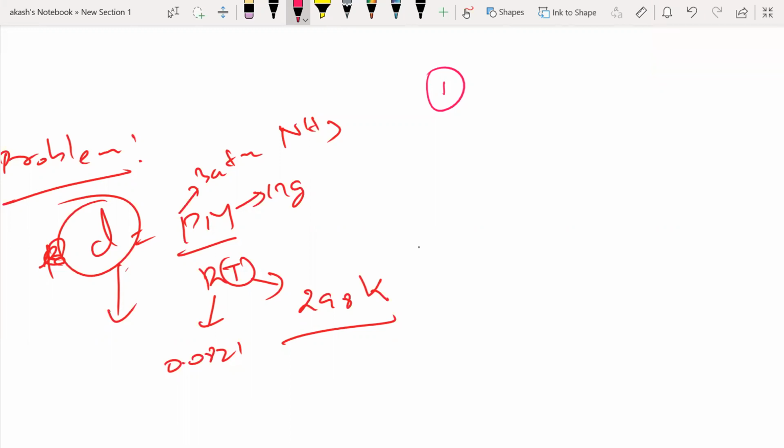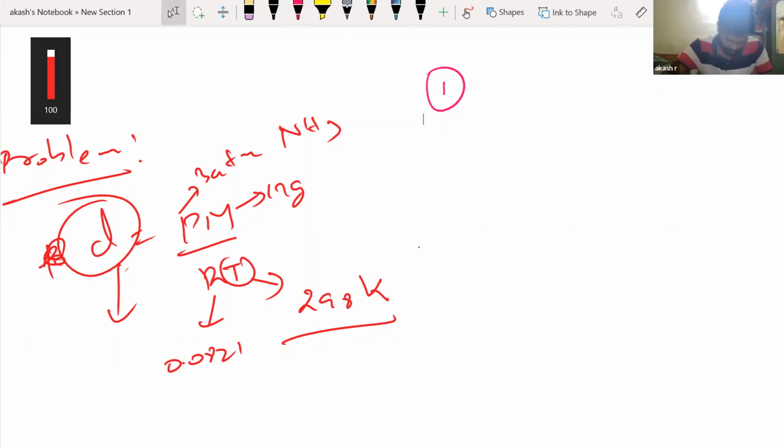Is there anything about temperature? No, our temperature is constant. When they don't tell you anything about something, that means it is constant by default.